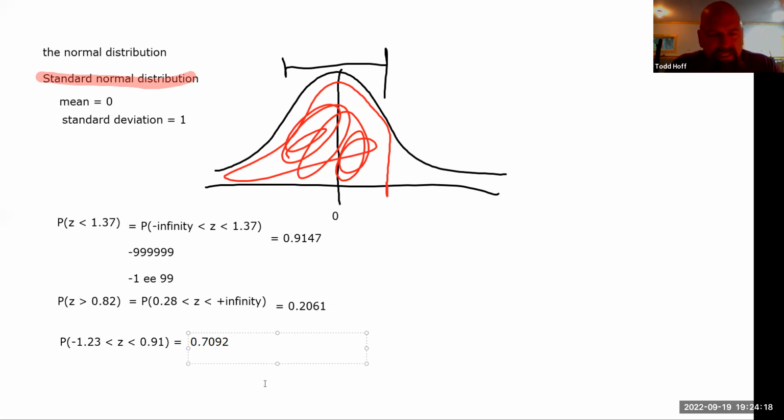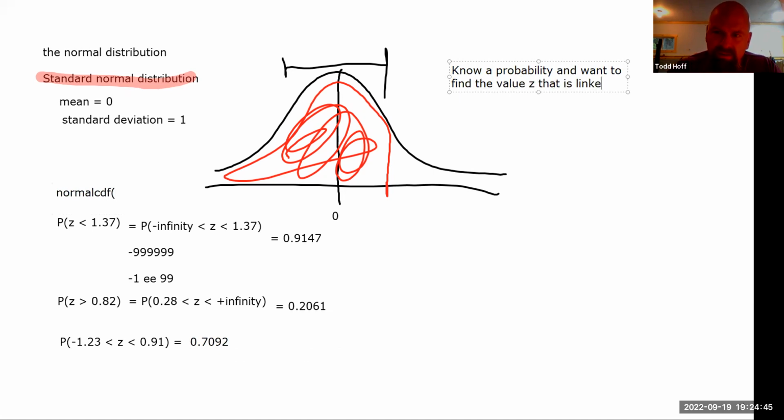So those are the easy problems to deal with. That's just using the normal CDF command. If we want to do a reverse calculation, if we know a probability and want to find the value of Z that is linked to it, well, there's a command.